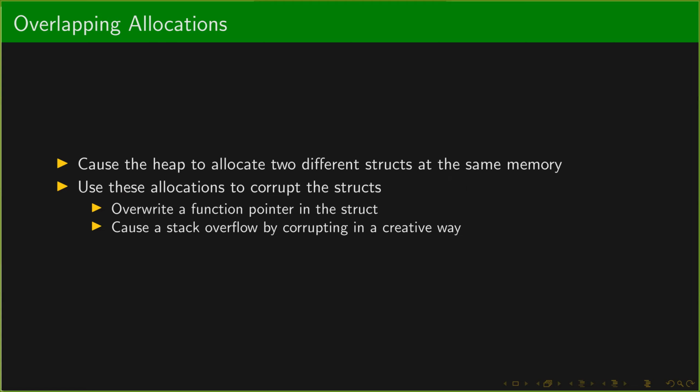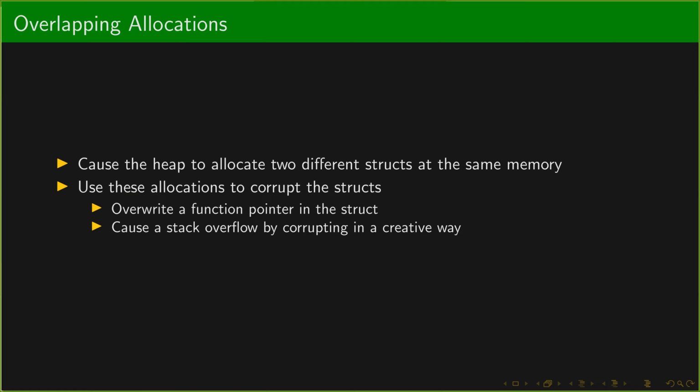But the general idea is we're either going to overwrite a function pointer in the struct by, say, writing to a string, and there's an object that has a function pointer in it, and then we can call that function, and we will then have control over the instruction pointer.